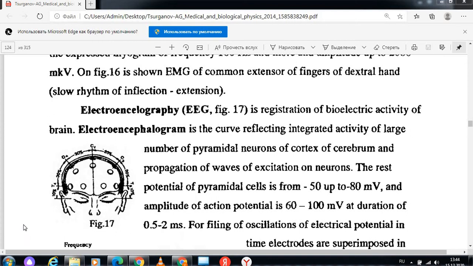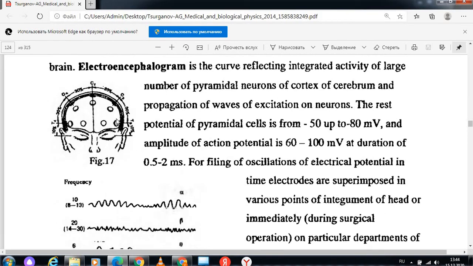And for fixing the oscillation of electrical potential in time, electrodes are superimposed in various points of the integument of the head, or immediately during the surgical operation.